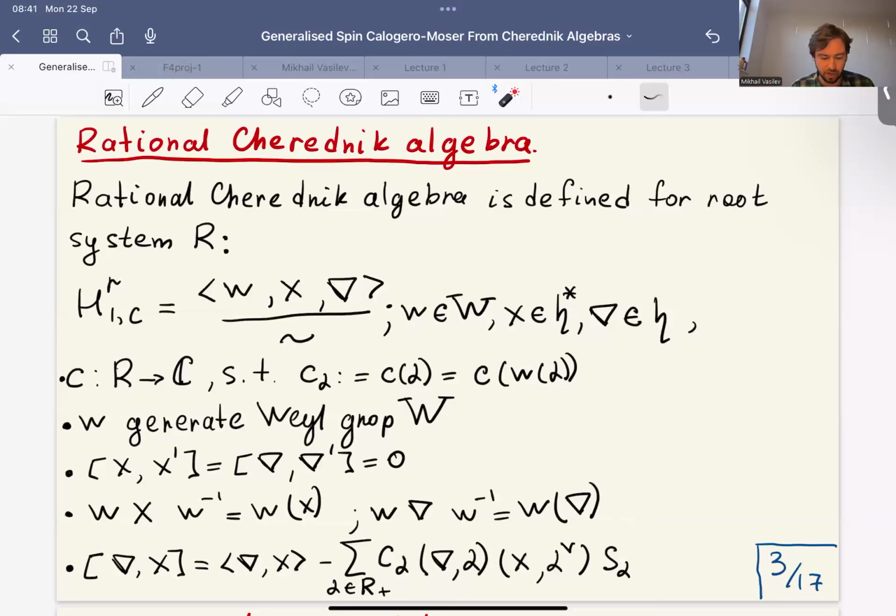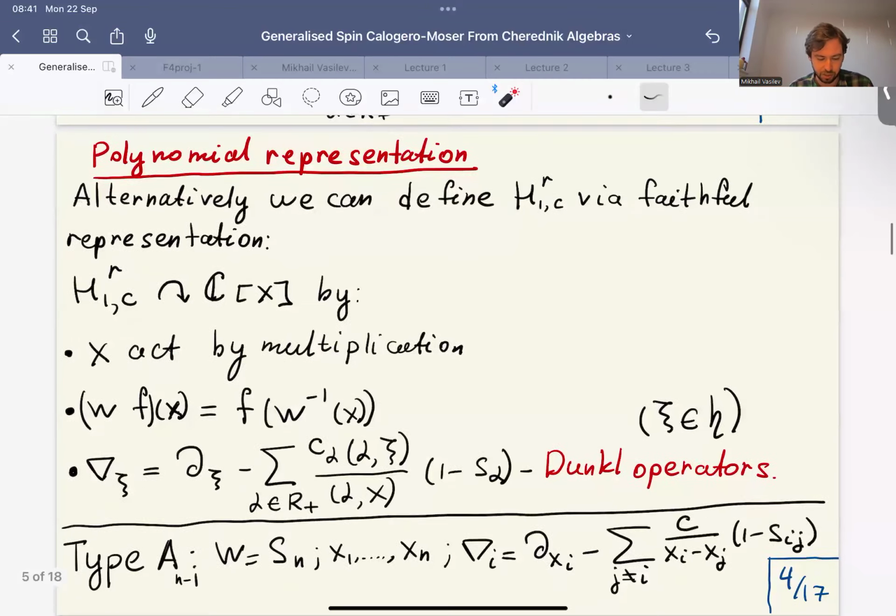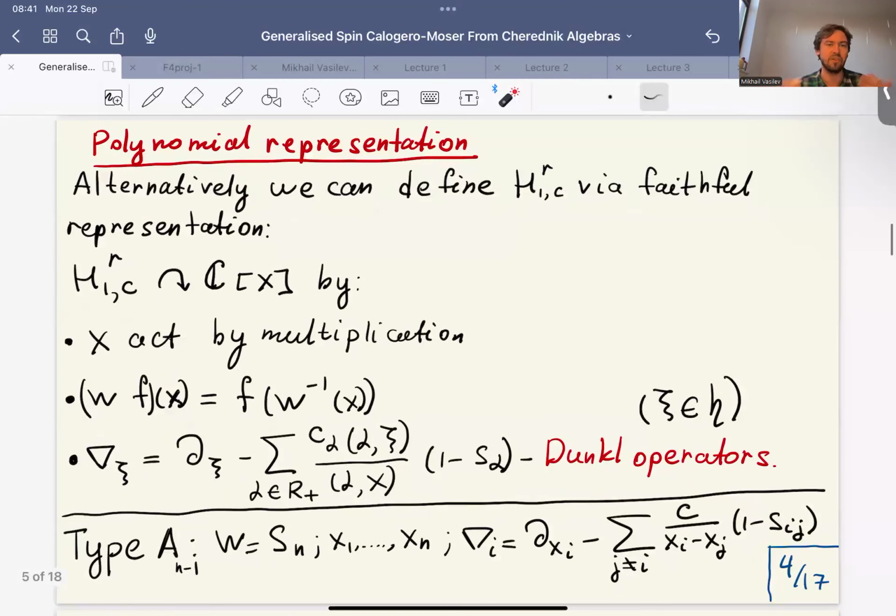If you're not satisfied by this definition, then I can give another definition. The second definition is via a faithful representation of this algebra. Instead of thinking about generators and relations, we can think about this algebra in some faithful representation. What is this faithful representation?